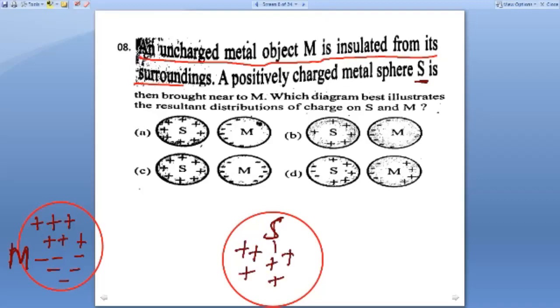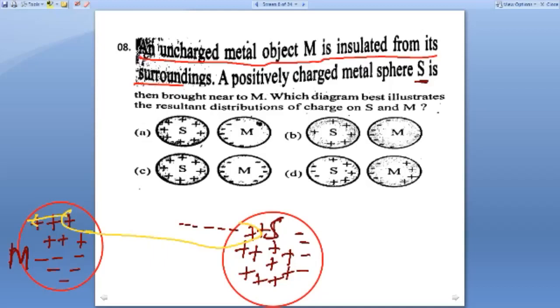When S is brought near to M step by step, because of the repulsion between like charges, the positive charges of M are repelled to this side.